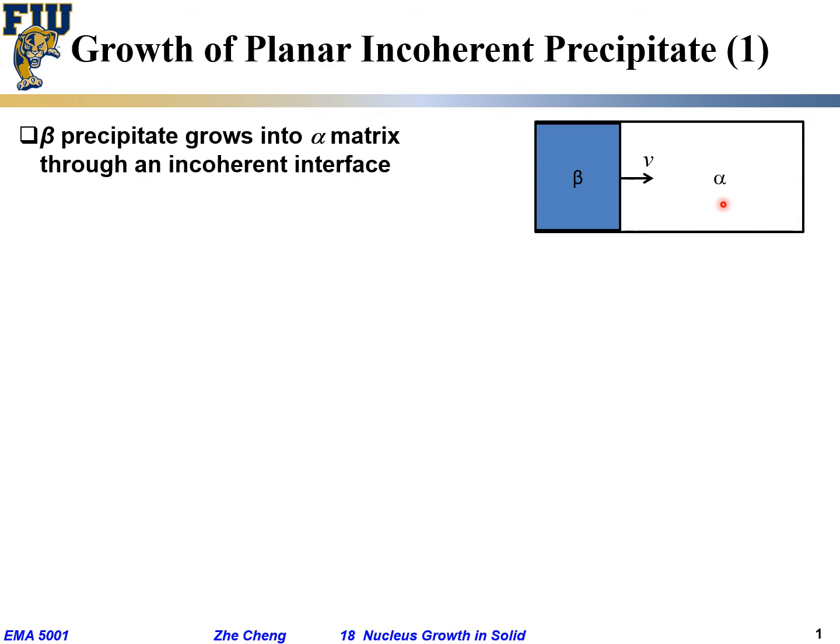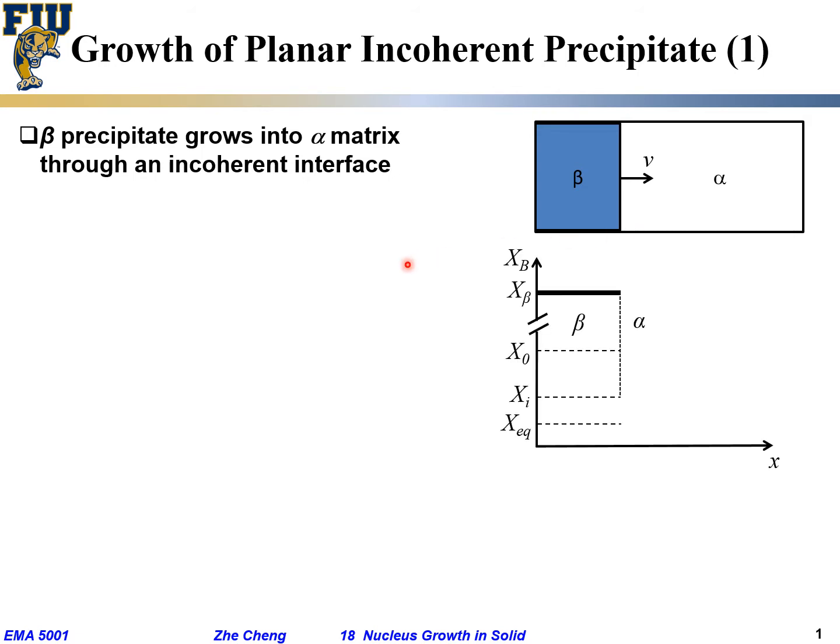value and does not depend so much on orientation, which simplifies the treatment of the mathematics. Okay, so we say beta precipitate, as what we illustrate, grows into the alpha matrix through an incoherent interface, which means the interface is moving, as we illustrated, towards the right hand side.